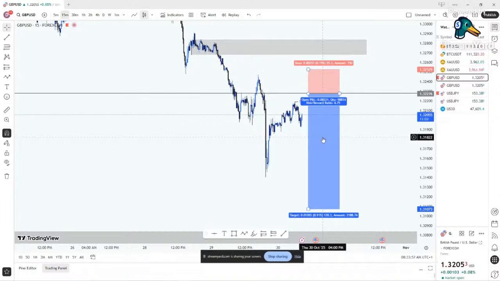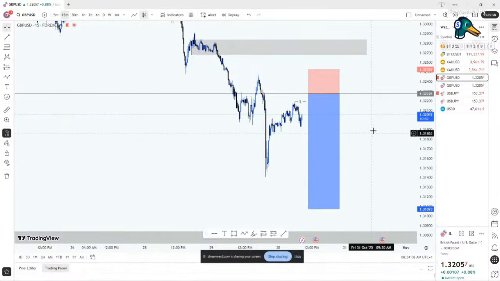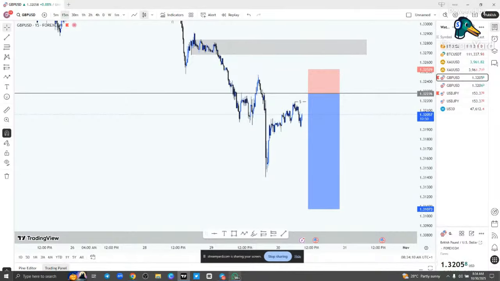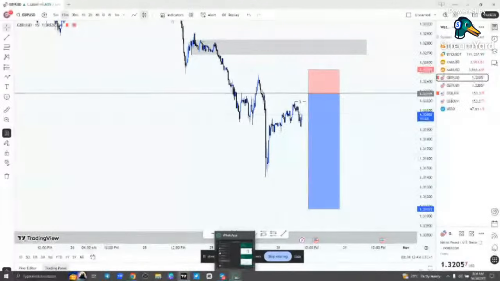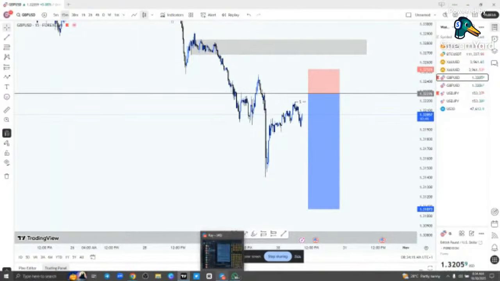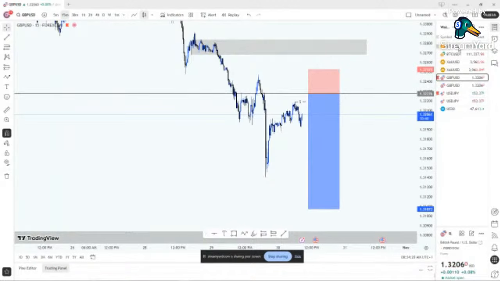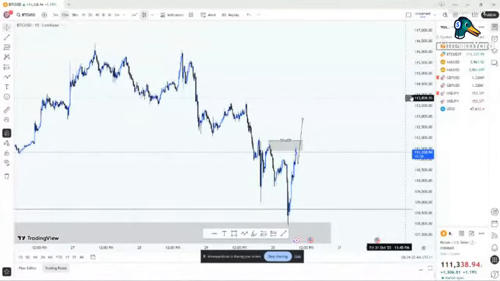I'm trying to set my own limit orders. I don't know which currency pair you are referring to.